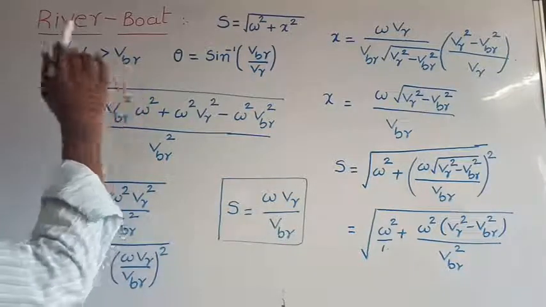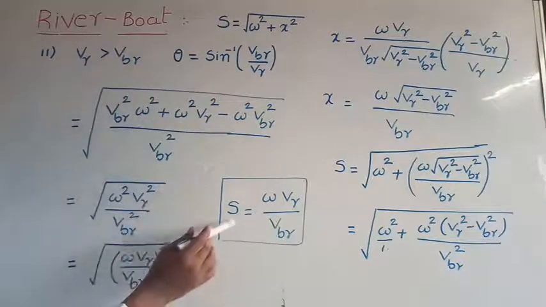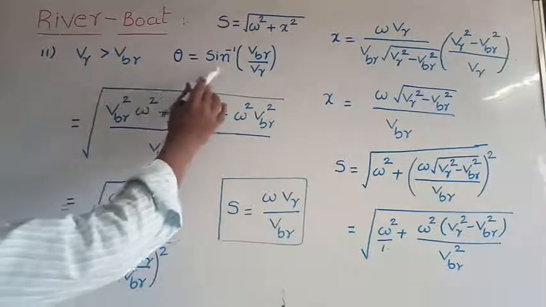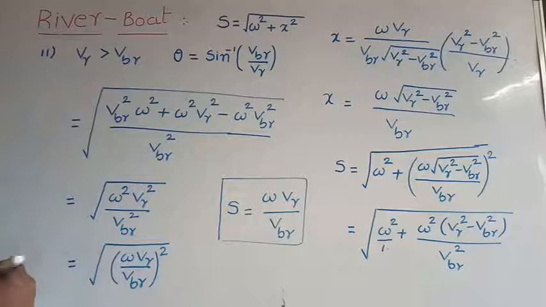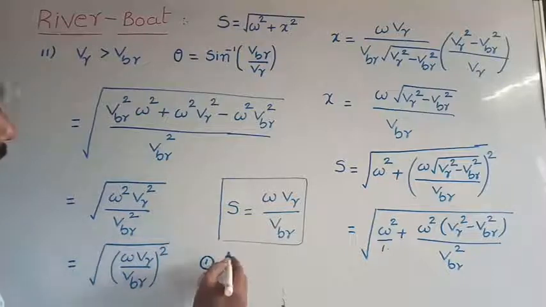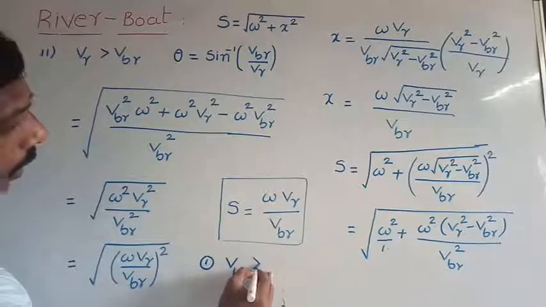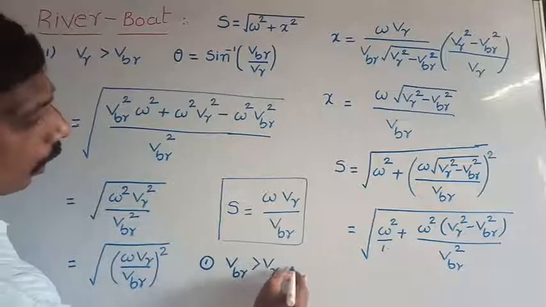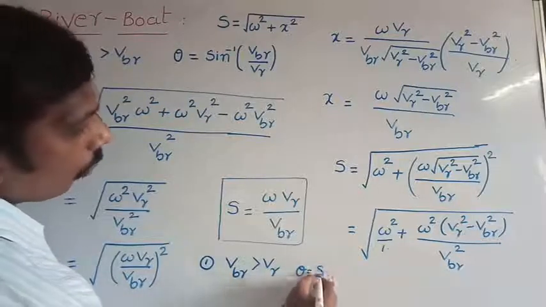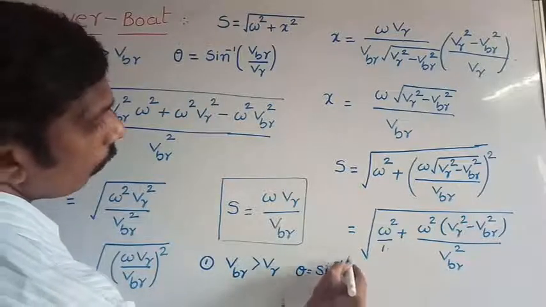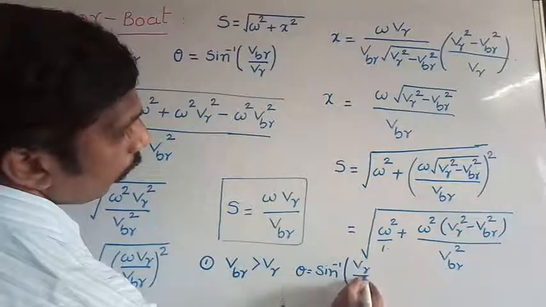VR is greater than VBR. In this case, to become a minimum path length, theta must be sine inverse of VBR by VR. And before in case 1 we discuss for minimum path length S is equal to W. In that case, velocity of the boat with respect to river is greater than velocity of the river. Here theta is equal to sine inverse of VR by VBR we got.